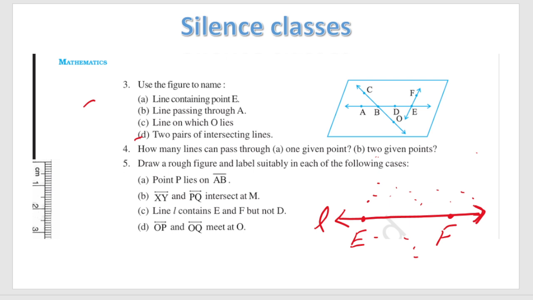Otherwise we can put the point anywhere. I put the point over here and name it D. This means the line L is not containing D.